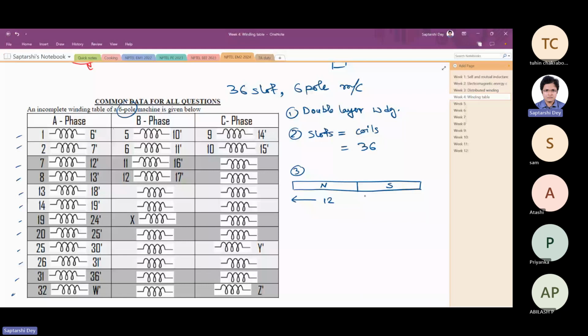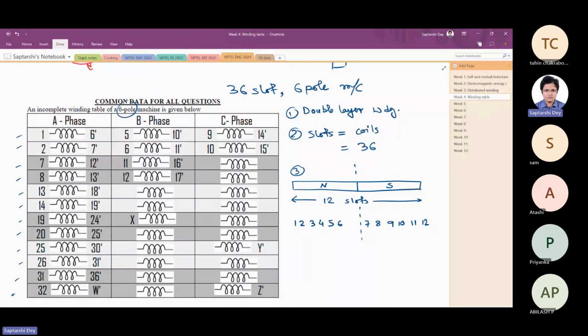So 12 slots will make one pole pair. So if I have slot number 1, 2, 3, 4, 5, 6 here, 7, 8, 9, 10, 11, 12.